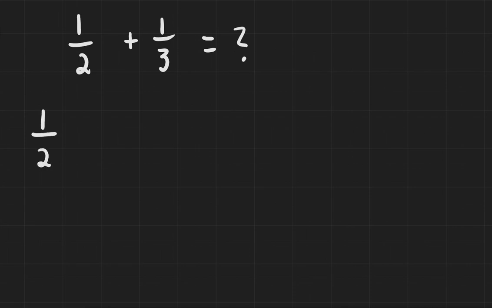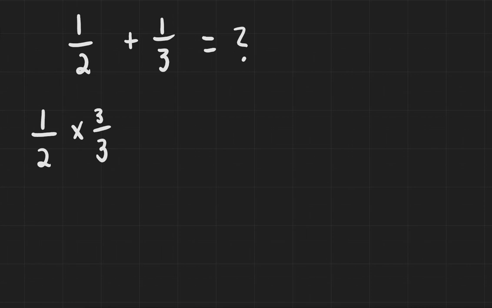So to change 1 over 2 so that it has a denominator of 6, I know that I can multiply 2 by 3 to get 6. So what I would do would be to multiply this fraction by 3 over 3. I can't just multiply the 2 by 3 to get 6, because then we have a different fraction altogether. If we multiply by 3 over 3, multiply both the numerator and the denominator by 3, we don't end up with a different fraction.